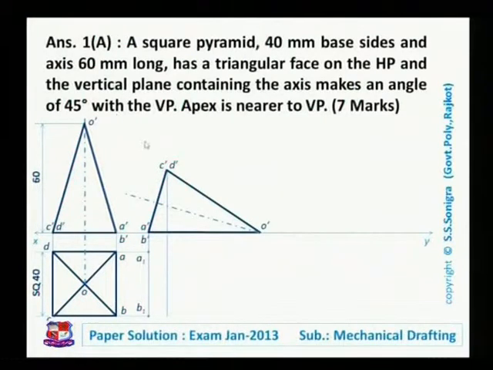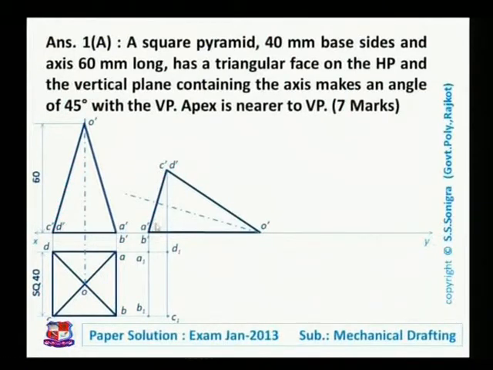Similarly, from point C dash and D dash, lines should be drawn, vertical line from point C dash and D dash and horizontal line from point C and from point D. So again two points we do have like this. Name these points as C1 and D1.